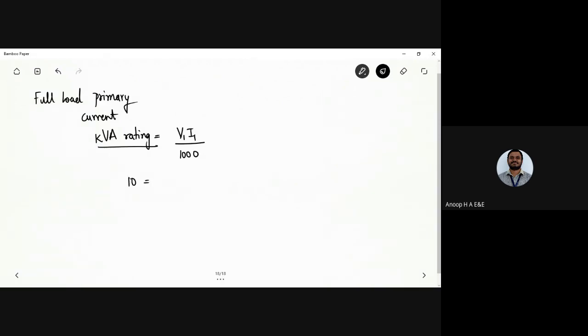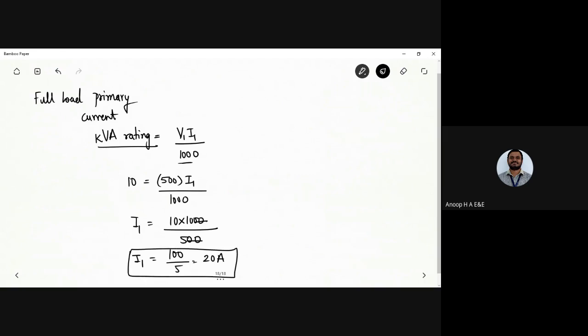The input voltage is 500, so 500 into I1 divided by 1000 equals 10. So I1 is 10 into 1000 divided by 500, which is 10 into 10 divided by 5, that is 20 amperes. So I1 is 20 amperes.